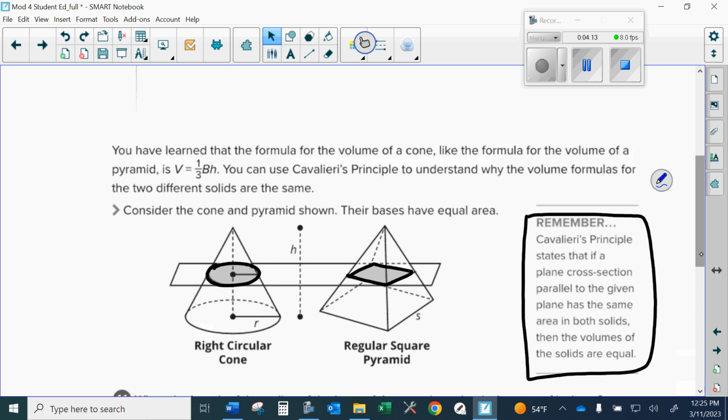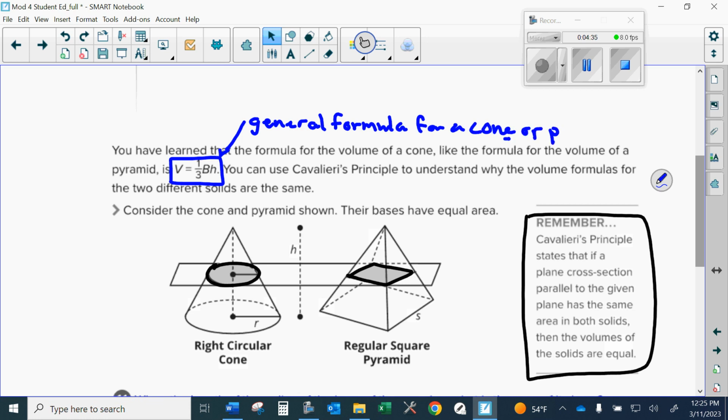So here we see that, 1/3 area of the base times the height. Volume of a cone, 1/3 area of the base times the height. Again, this is the general formula for a cone or pyramid. Remember, they're almost the same, except a cone has a circle base, a pyramid has a polygonal base.